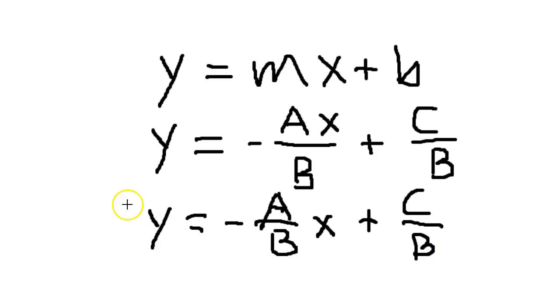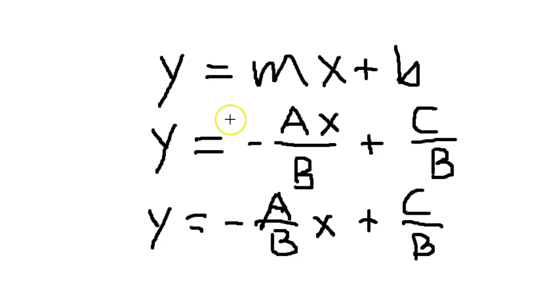And that's an interesting result. That's the result we want. Y equals negative a, the fraction negative a over b times x plus c over b. Now what we're going to do is just compare this term by term to the slope-intercept form that I left written up at the top of the screen. We see here on the left side of the equation we have y, and on the left side of the slope-intercept form we also have y.